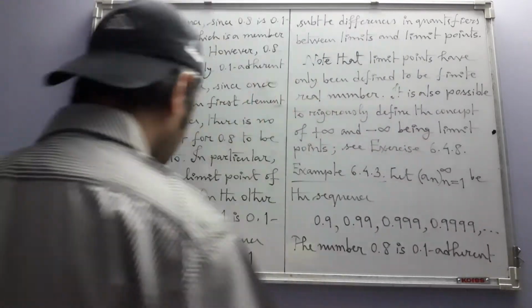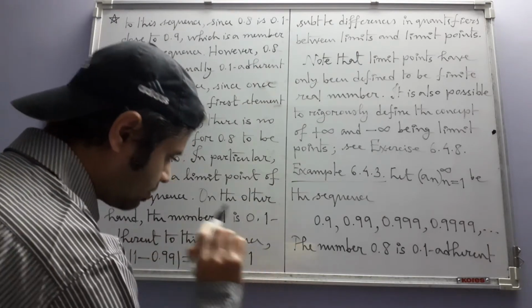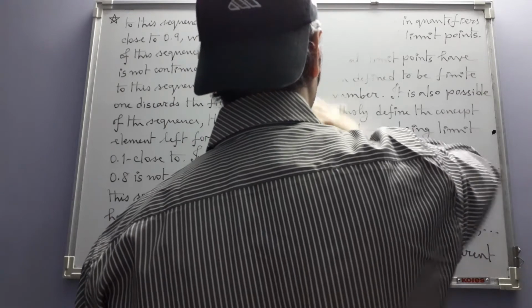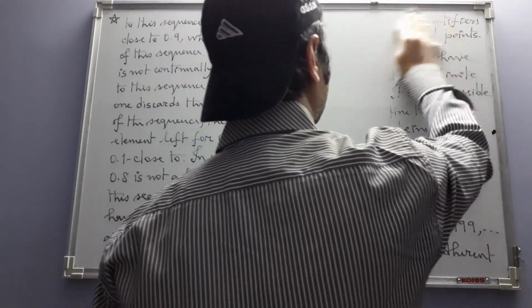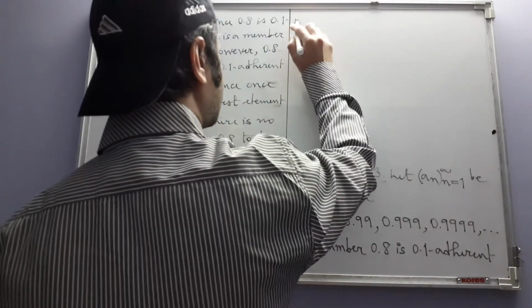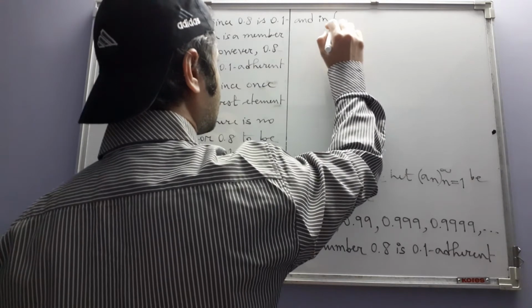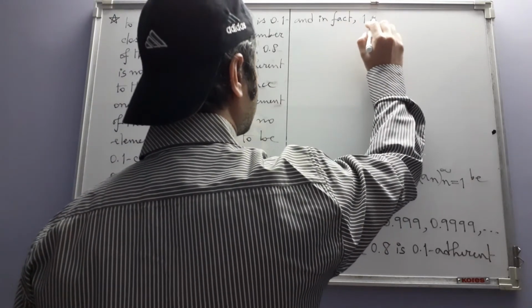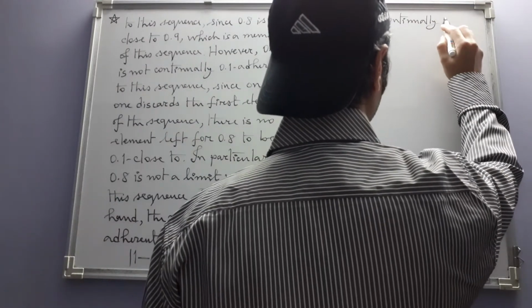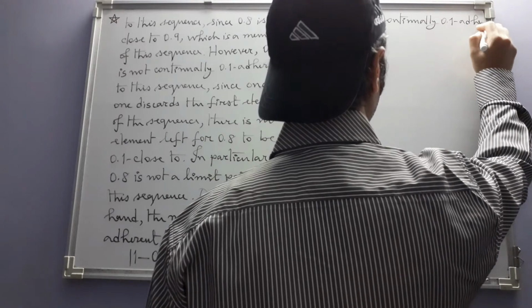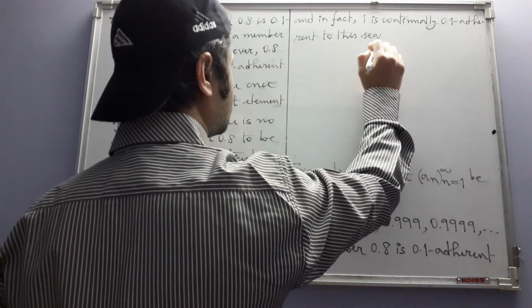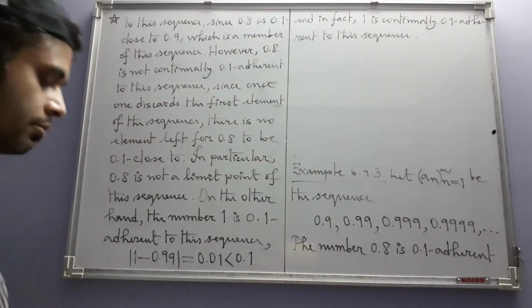Okay, so what were we writing? In fact, one is continually 0.1 adherent to this sequence. And what about that?